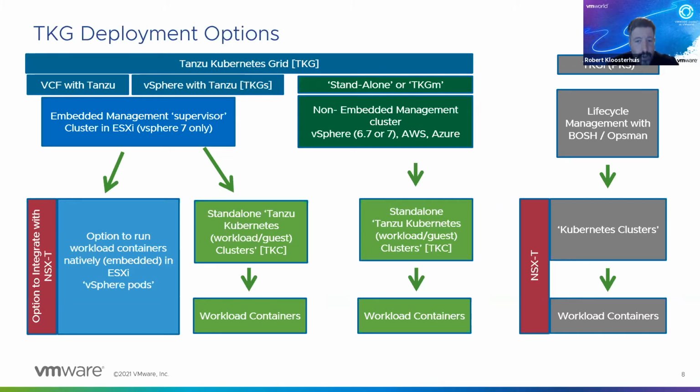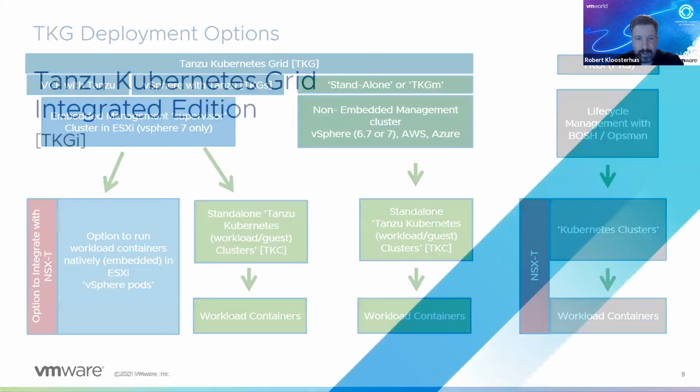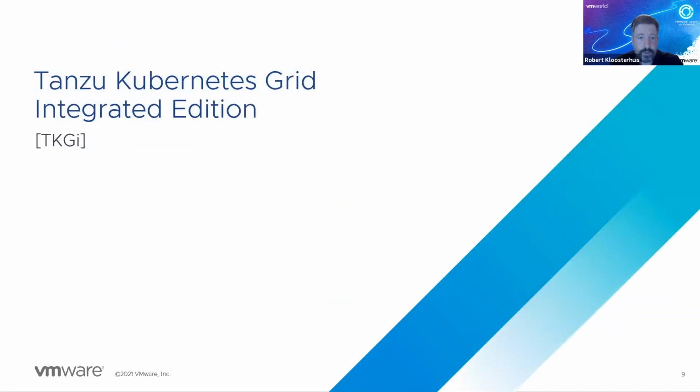TKGm, on the other hand, has no NSX-T integration at all. You could integrate it with NSX-T using what's called the NCP plugin, but it's probably not going to work great.